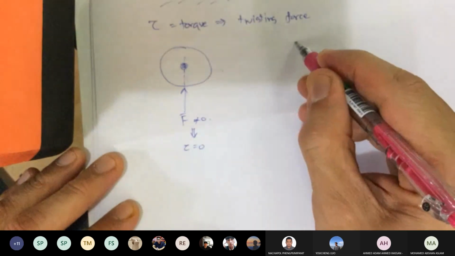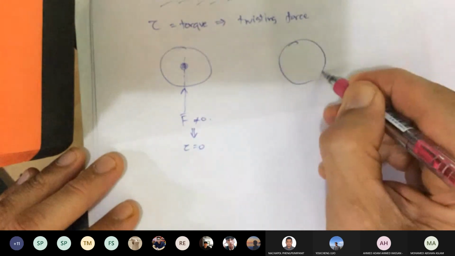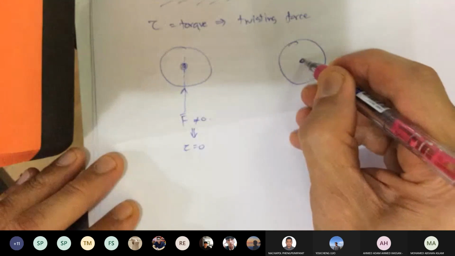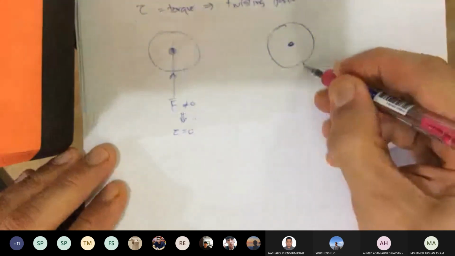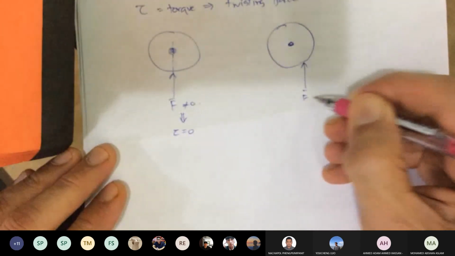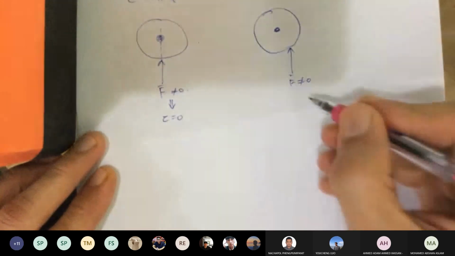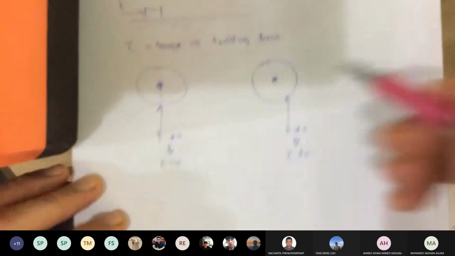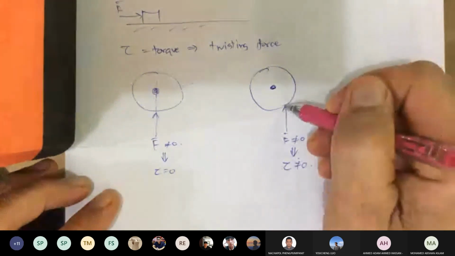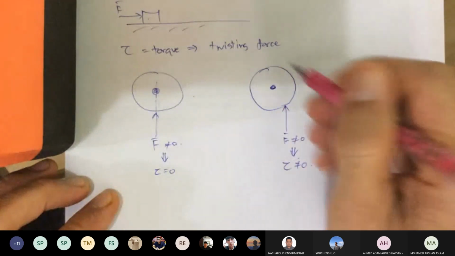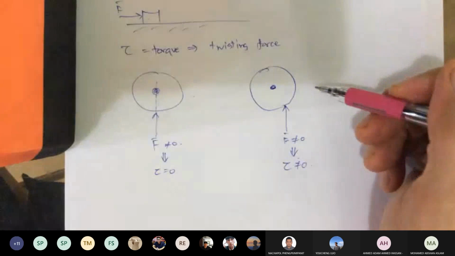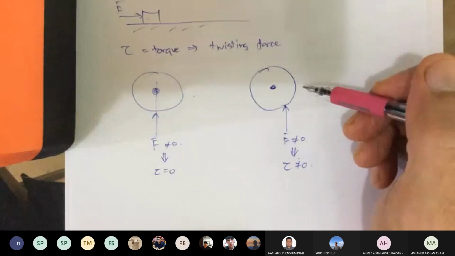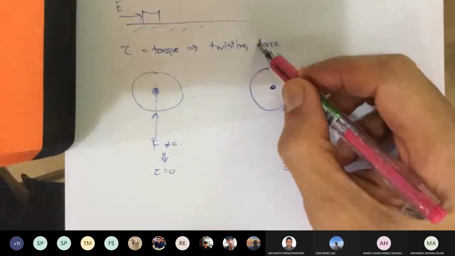Compare that to the same situation where the force, again non-zero, is offset from the center of spinning. In this case you have non-zero torque, because you're going to make this thing spin. That's the concept of torque, twisting force.